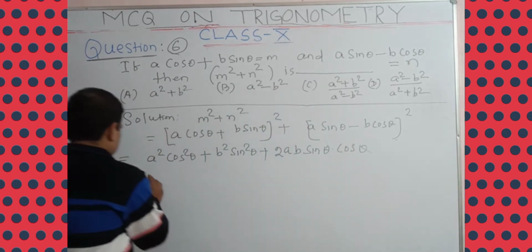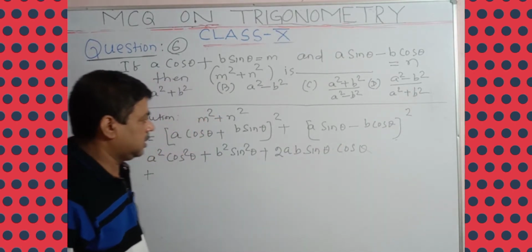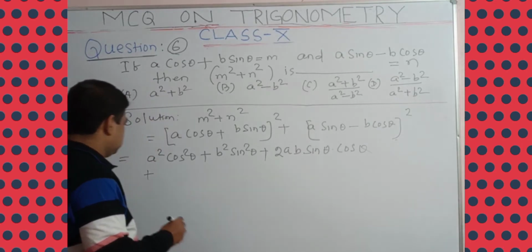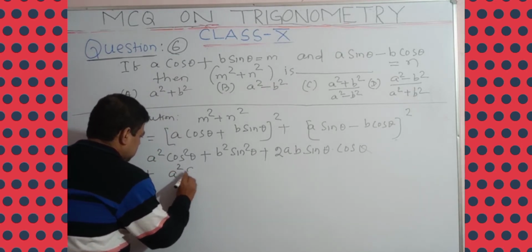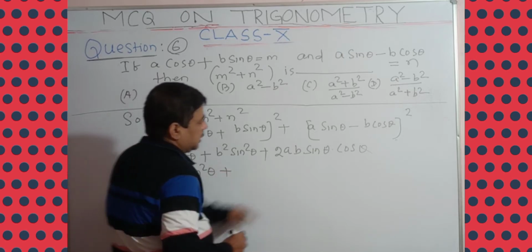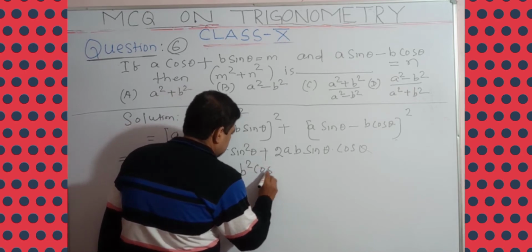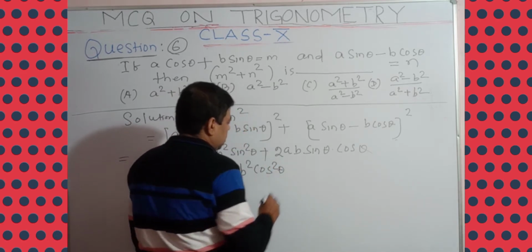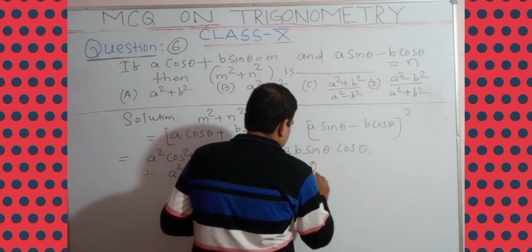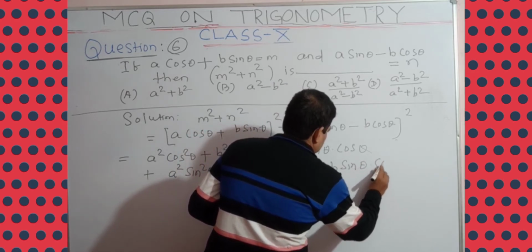Understand? Plus, in a similar manner, here you see a sin theta minus b cos theta whole square. Here the first term is a sin theta, so its square will be a square sin square theta. Similarly, plus the second term is b cos theta, so its square will be b square cos square theta, and minus 2ab sin theta into cos theta.